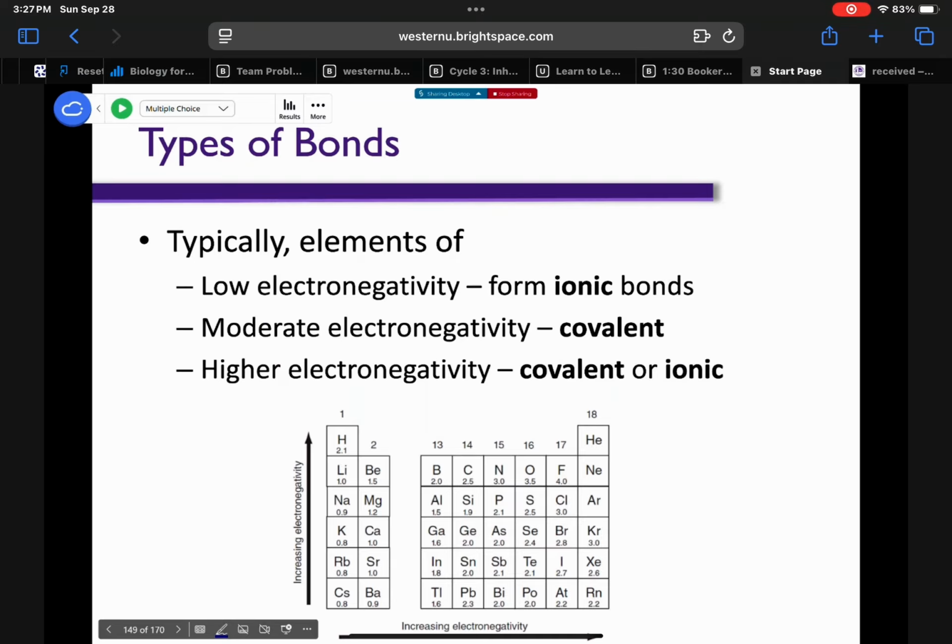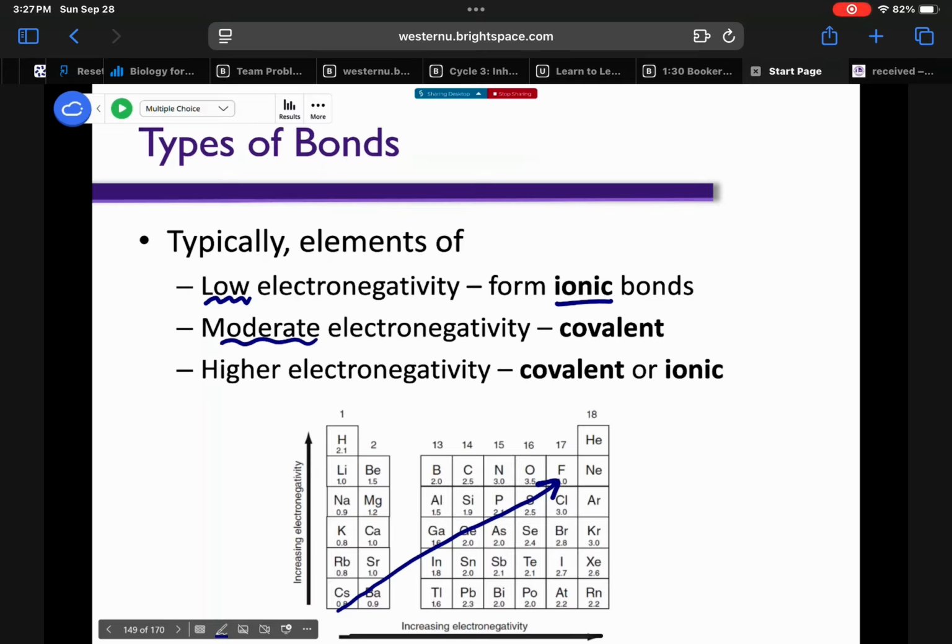We've just learned about electronegativity and how it increases as we go up and across the periodic table. Atoms on the periodic table that have low electronegativities, usually the metals on the left and middle-ish side of the periodic table, they tend to form ionic bonds. If it has a moderate electronegativity, like carbon, nitrogen, oxygen, phosphorus, those tend to form covalent bonds.